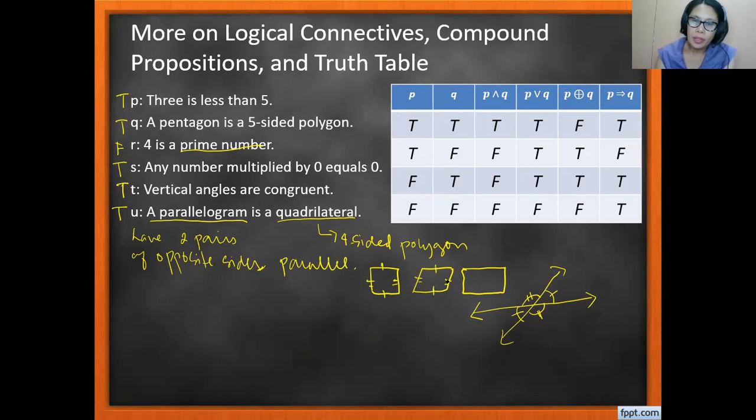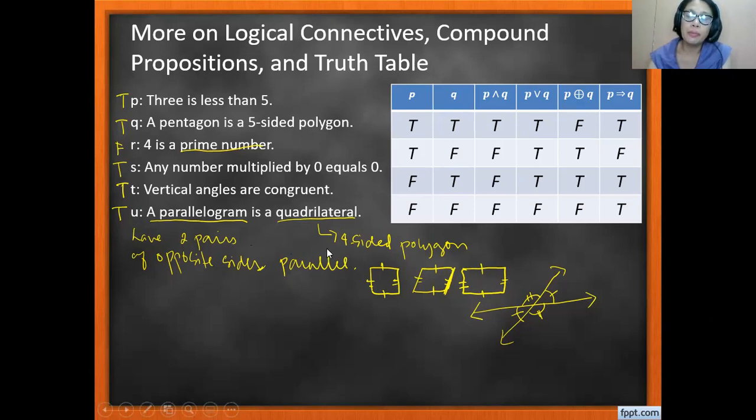I just didn't draw them perfectly. And at the same time, these three figures are quadrilaterals. So these are special quadrilaterals. So statement U is true, that a parallelogram is a quadrilateral.